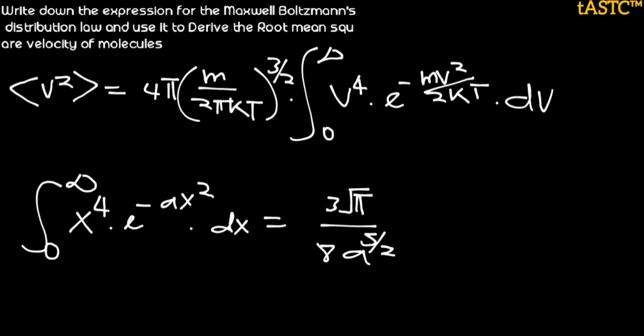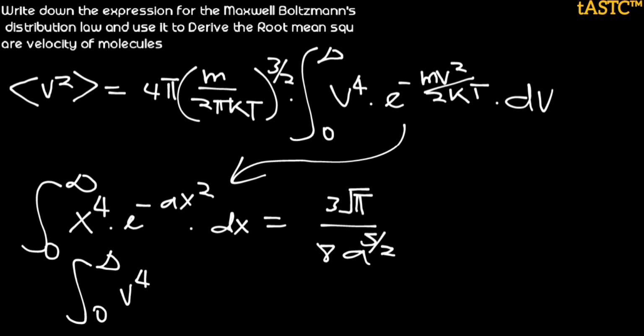So we want to use this, comparing and finding out what the a is. So I'm going to write this here. That is the integral from 0 to infinity of v to the 4th, e to the negative m divided by 2kT multiplied by v squared, dv.